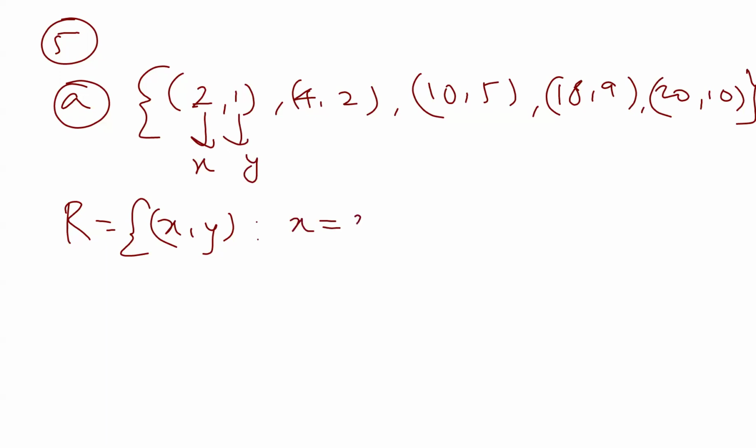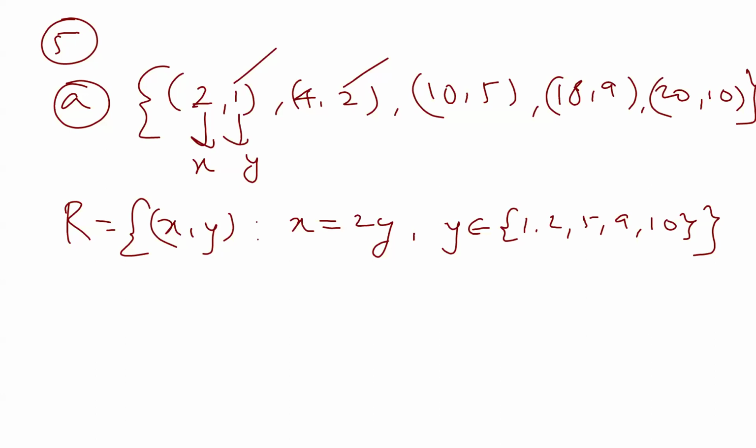So x is equal to 2y, and y belongs to {1, 2, 5, 9, 10}. Then domain and range you can write on your own, but this is the descriptive manner.